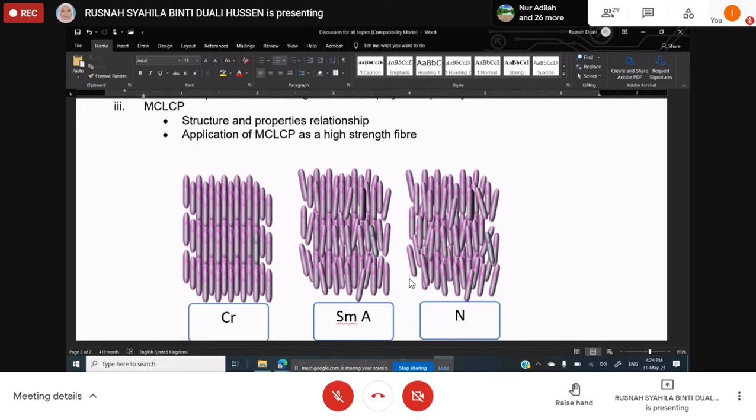But of course I don't give an example as an atom in just a sphere. Let's say we use a calamitic molecule.